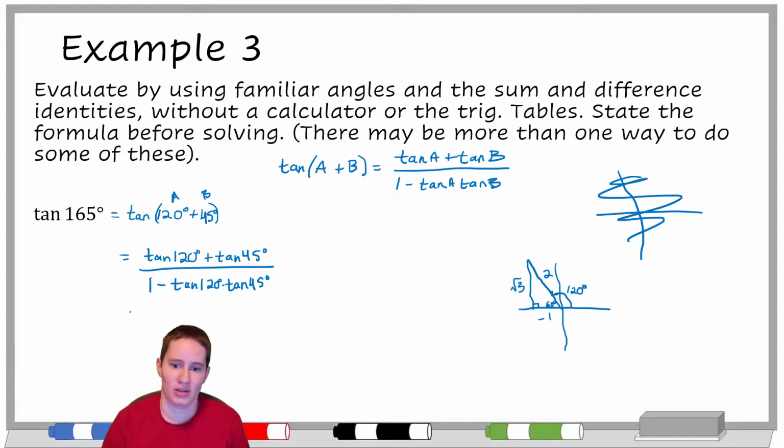So opposite over adjacent here, this is negative square root of 3. I want to make a comment about this in just a second after I fill it in. So tan 120 is negative square root of 3, tan 45 is 1, 1 minus, this is negative square root of 3, and this is 1.